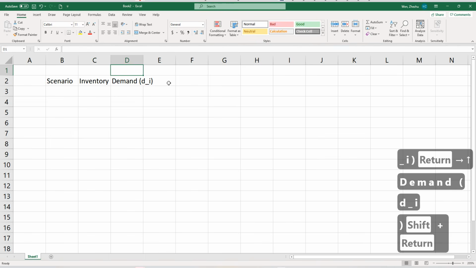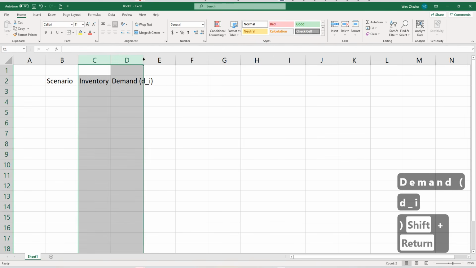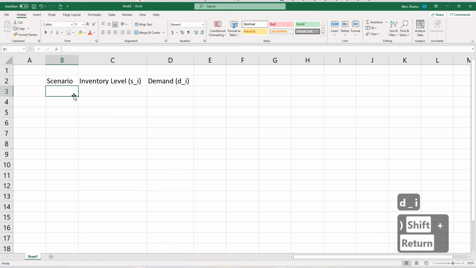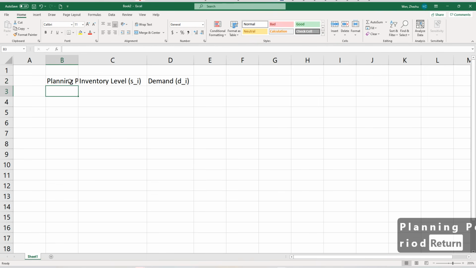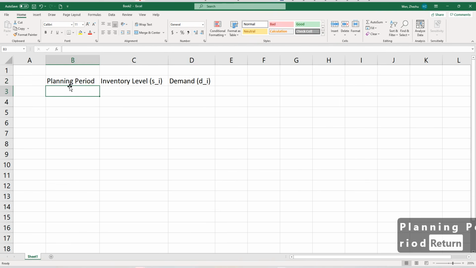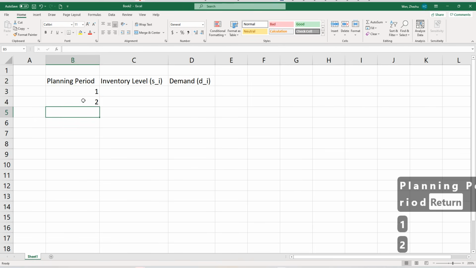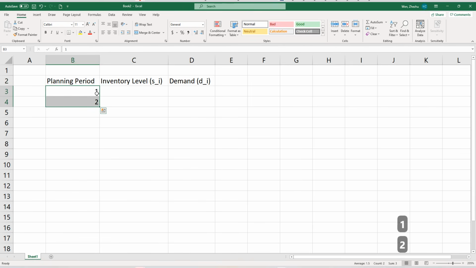Instead of scenario, let's just say planning period. So our planning period, 1, 2, and you know the deal. Highlight both, wait until this turns to a skinny dark cross, then drag it all the way until it becomes 10.